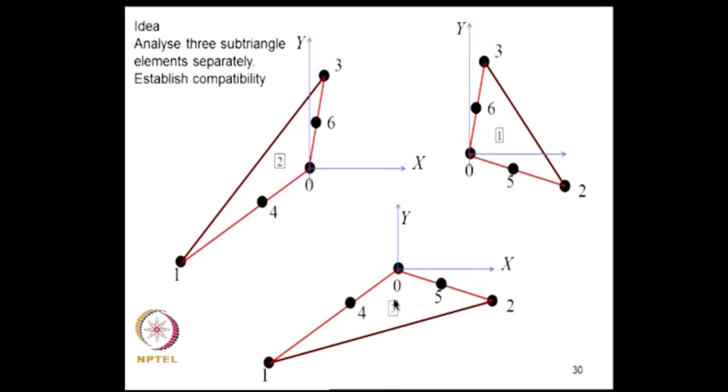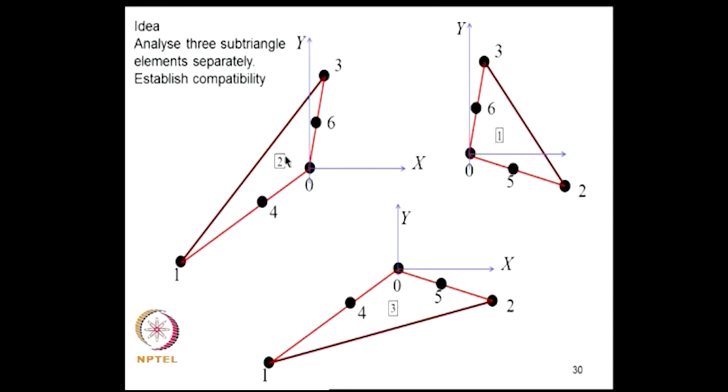That is one important issue. Then when we analyze these 3 triangles separately, there will be 27 degrees of freedom, and by enforcing compatibility at nodes 1, 3 and 0 among these elements, we get 18 equations and 15 equations, and we generate 3 more equations by considering equivalence of normal slope at point 4 between elements 3 and 4, at point 5 between elements 3 and 1, and at point 6 between elements 1 and 2.